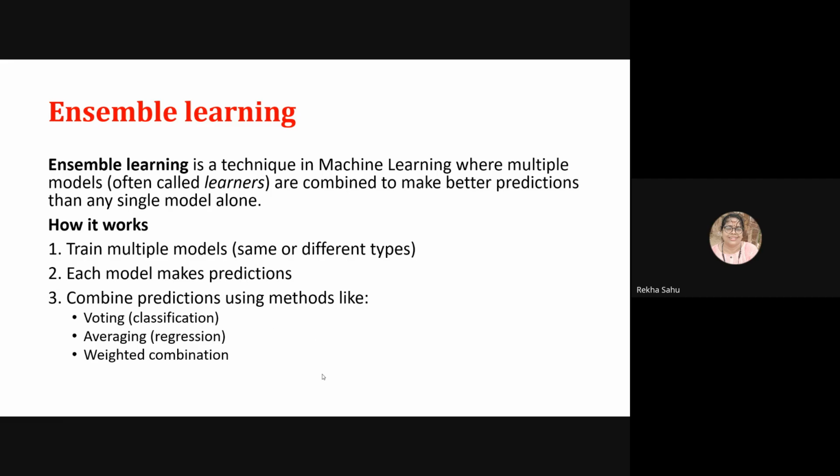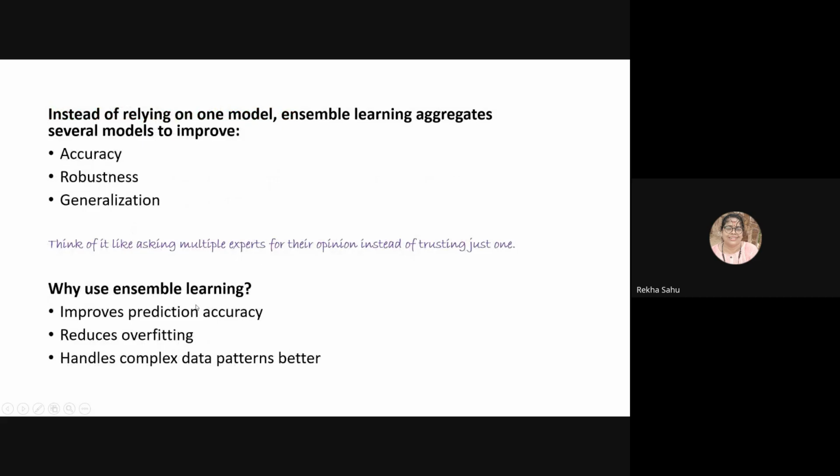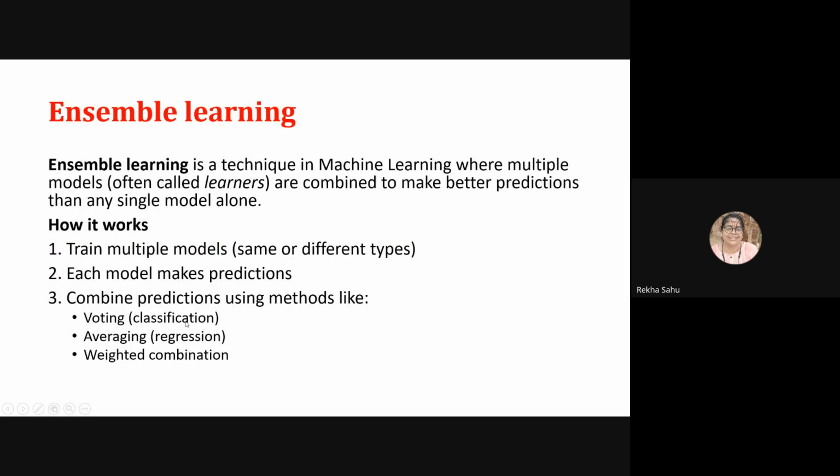Suppose you are using decision tree, logistic regression, and k-nearest neighbor, and among them, whichever is giving the better performance for all instances, with better accuracy, will be considered. We'll go for that.